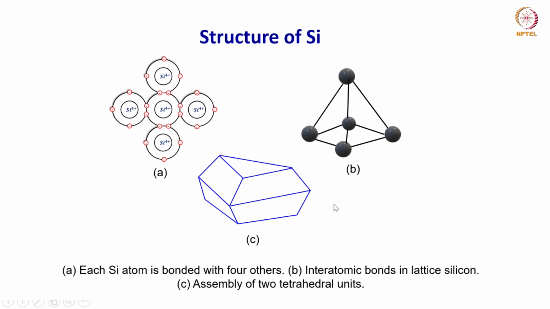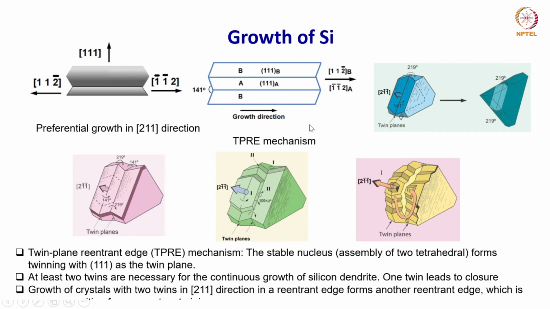So if you go to the next slide, that is what is being shown here, as to what is that preferential direction in which the silicon will grow. So this is a model which was proposed based upon some experiments on growth of silicon.